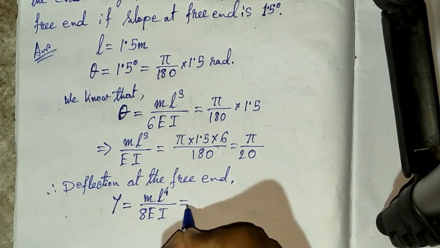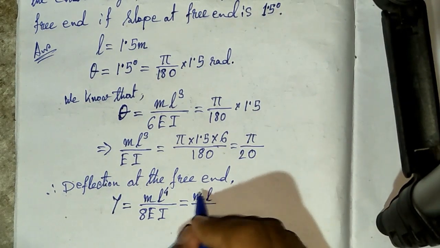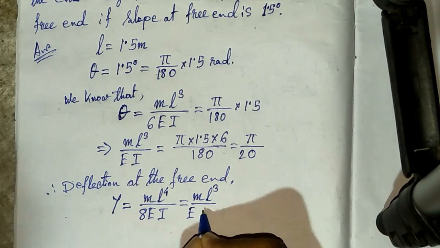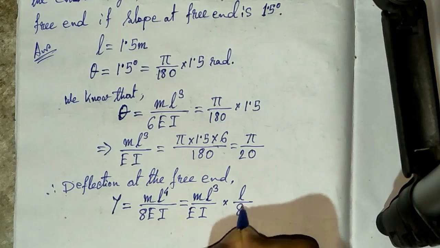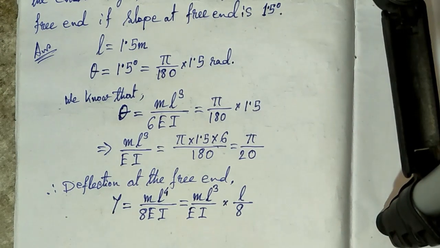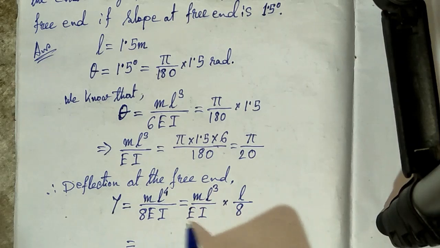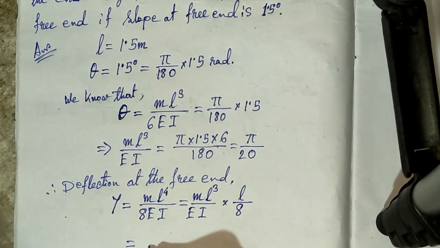I am going to write this expression in this form: m L cube by EI into L by 8. So the value of m L cube by EI is pi by 20.